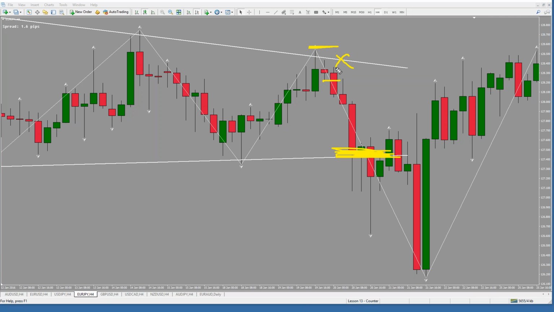Let's call that X, and I want there to be at least 1.5x before you run into support. Do you know what I mean by 1.5x? If this distance here was, say, 50 pips, I want this distance here to be at least 1.5 of 50, which is 75. Does everybody understand those mathematics?